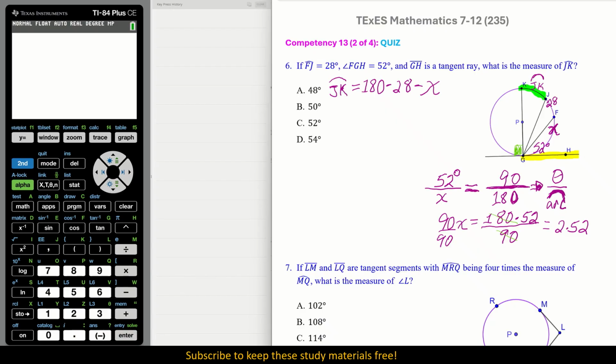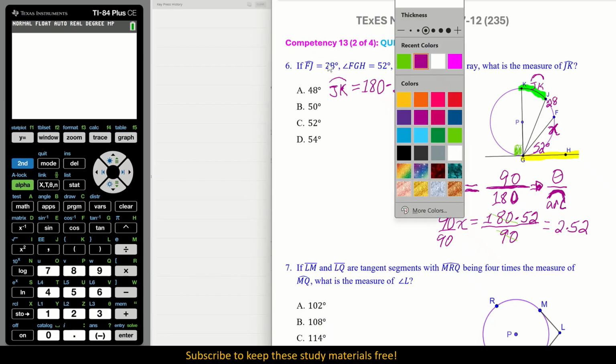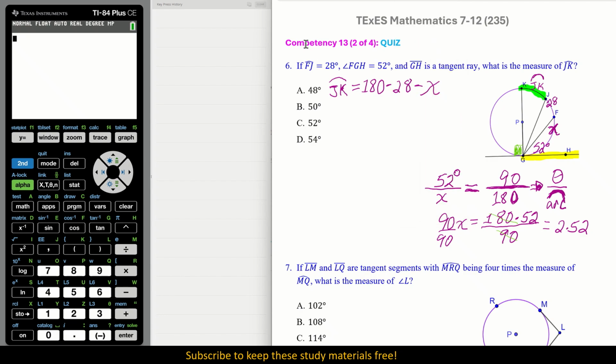So then what do we put in our calculator? We have 180 minus 28 minus 2 times 52, and that should give us our arc length.